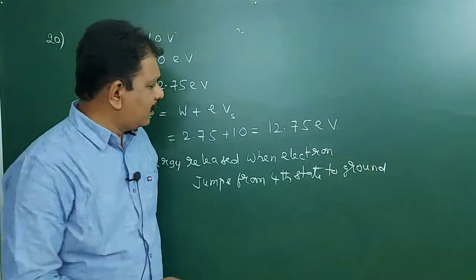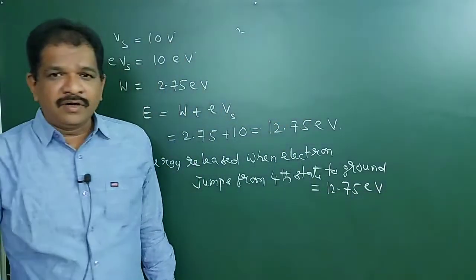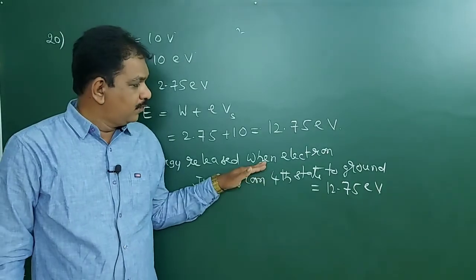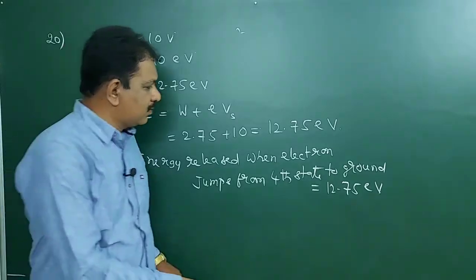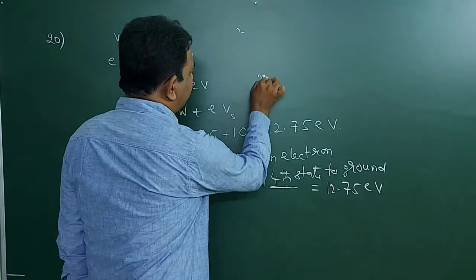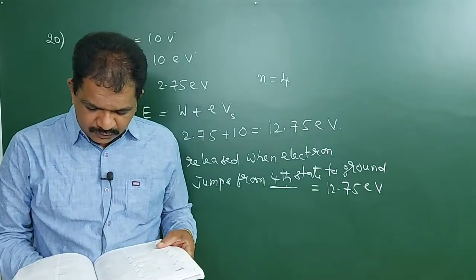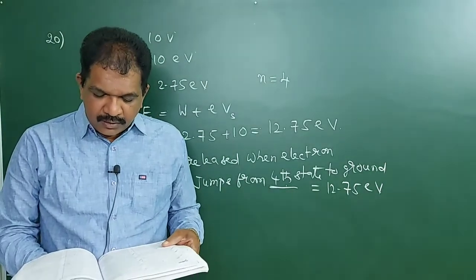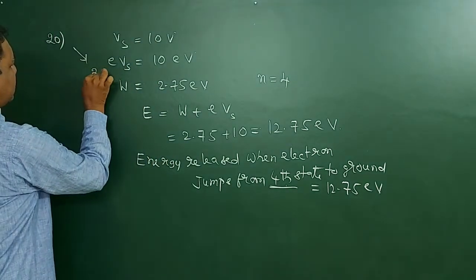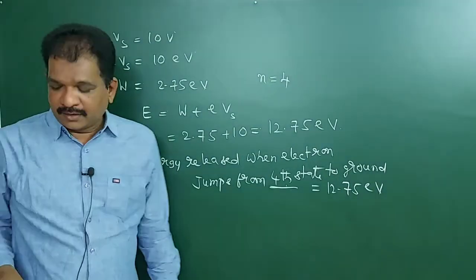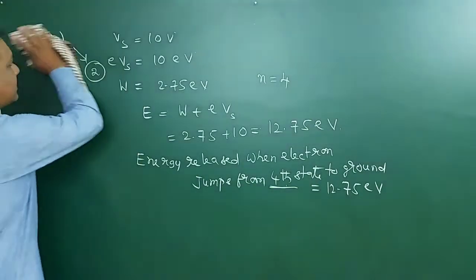Using that formula, if we calculate, this value will be equal to 12.75 electron volt. So the electron jumped from the fourth state. n value is equal to 4. So the option for this, 20, will be the second option. Clear? Next, 21st.